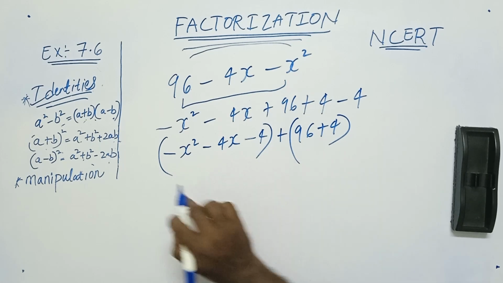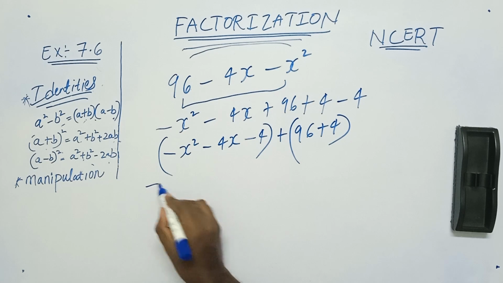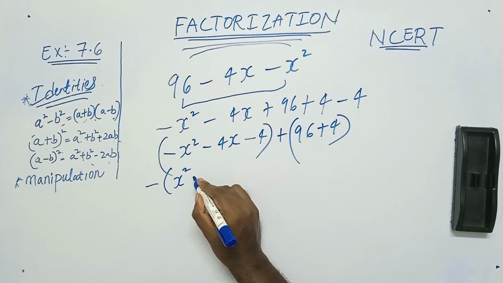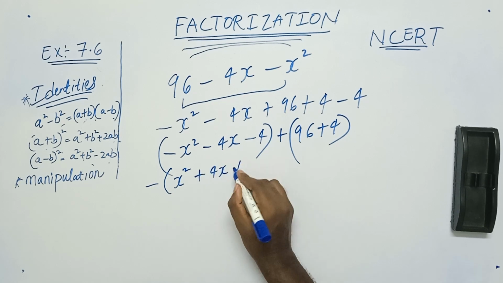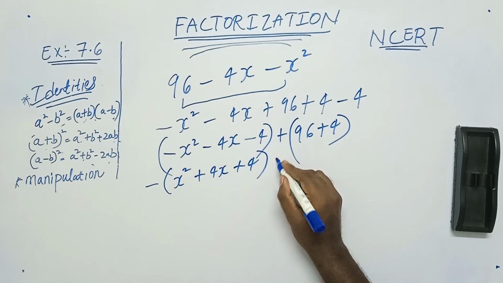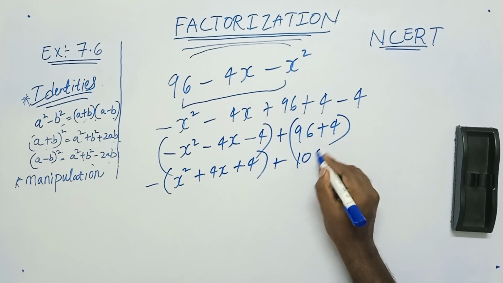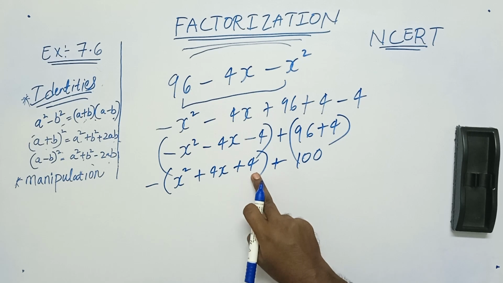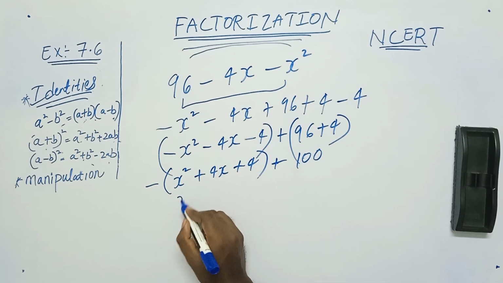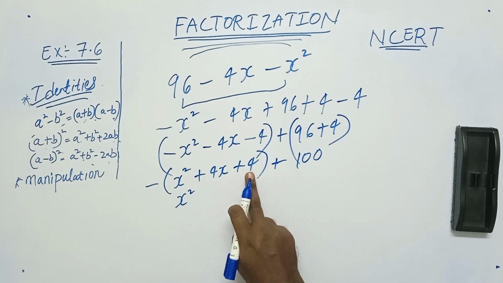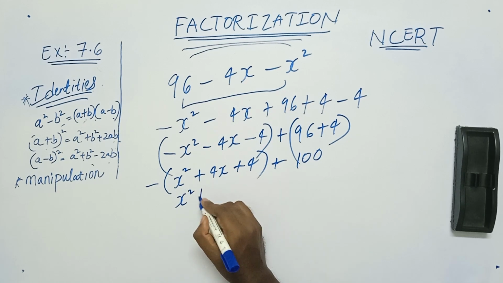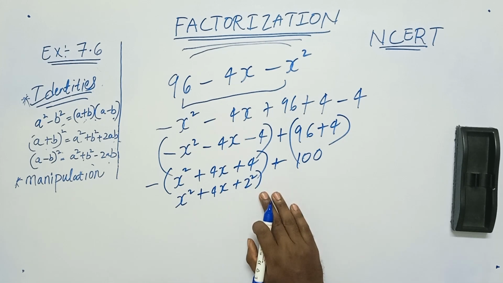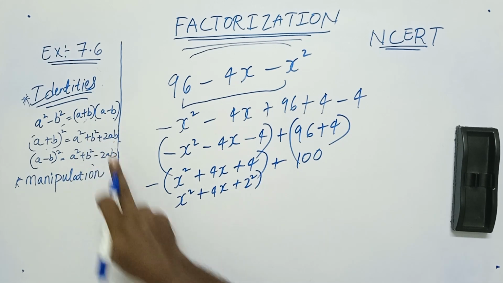In this group, I'm going to bring the sign outside, so it becomes minus of x squared plus 4x plus 4, and 96 plus 4 is 100. So x squared plus 4x plus 4, if I rewrite this 4 as 2 square, it becomes x squared plus 4x plus 2 square, and it resembles a square plus b square plus 2ab.